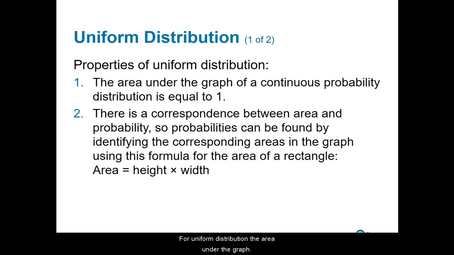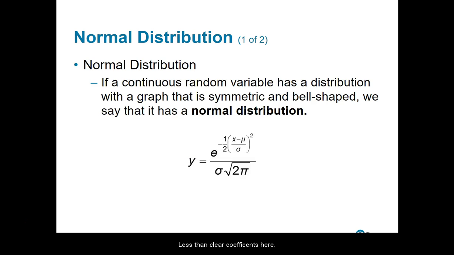For a uniform distribution, the area under the graph is equal to the probability that we are looking at. And so the total area under our graph would be expected to be 1. Same thing with a normal distribution. The area under that curve is equal to 1. And that is one of the reasons why we have many of these less than clear coefficients here, square root of 2 pi, for example.